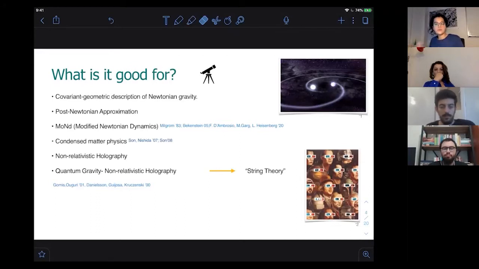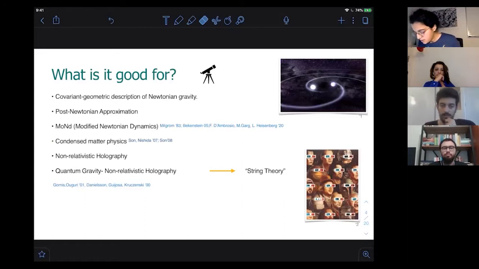As Umut Gürsoy mentioned yesterday, one way of dealing with strongly correlated systems is using the technology called holography. Once you have non-relativistic symmetries, you would expect some non-relativistic holography. So, for example, non-relativistic conformal field theories, which are relevant for condensed matter physics, potentially have some gravity dual.